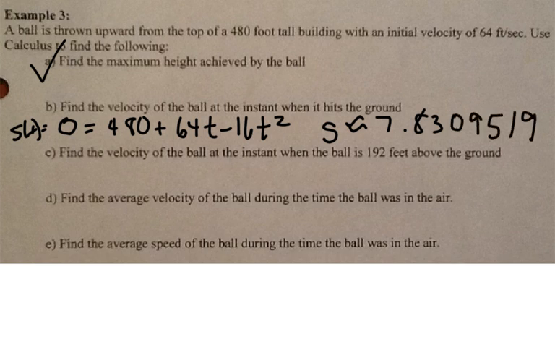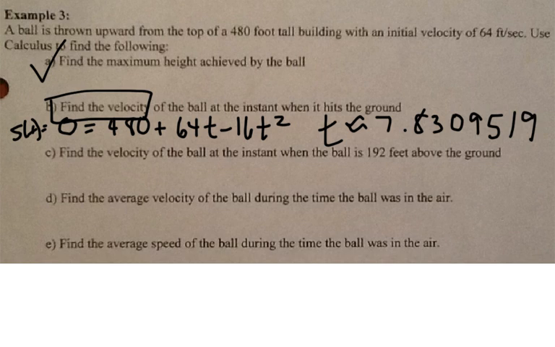7.83095119. You need to use all those decimal places when you're plugging in for the next step, because premature rounding is not allowed on the AP exam. So when it wants me to find the velocity at that instant when it hits the ground, oh, I'm sorry, this is not the position. The position, I made a mistake. The time when the position is 0 is equal to 7.83095119.